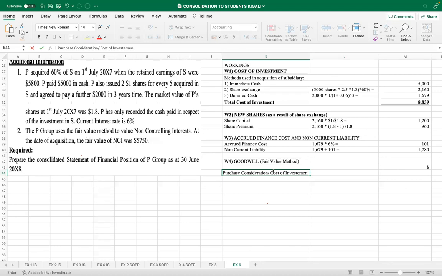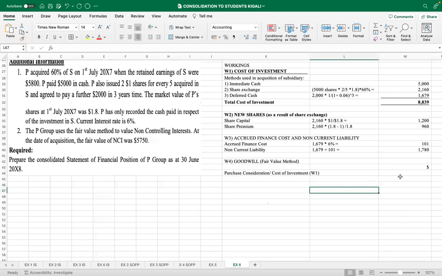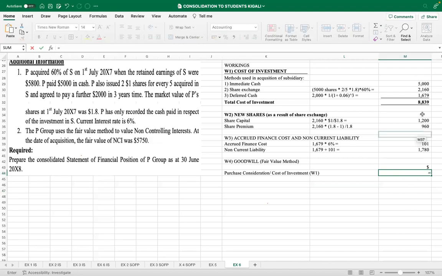I'm just using different terms. Investment, which we have calculated in working one. So we can transfer the total cost of investment was that 88. So I've just transferred working one.